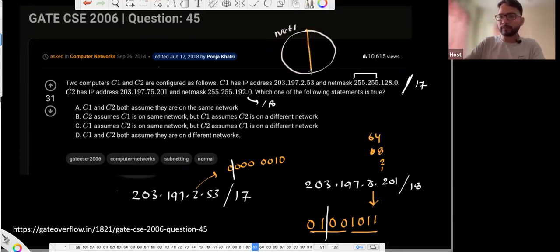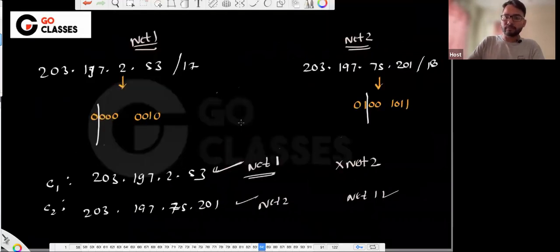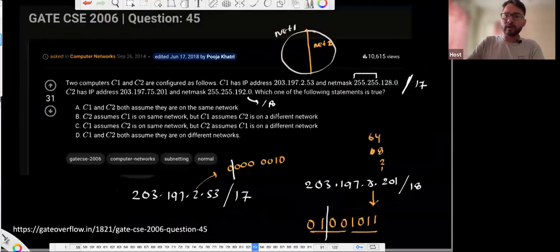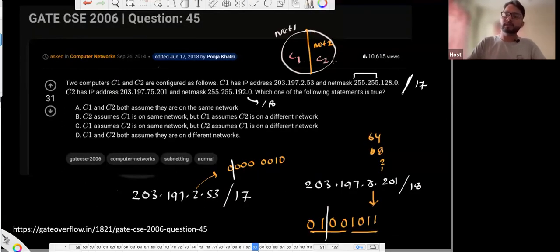In this network, you have a sub part, which is network 2. Your C2 belongs to network 1 and network 2, which means C2 is here. C1 only belongs to network 1, but not network 2, so your C1 is here.